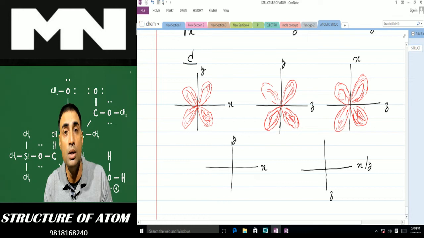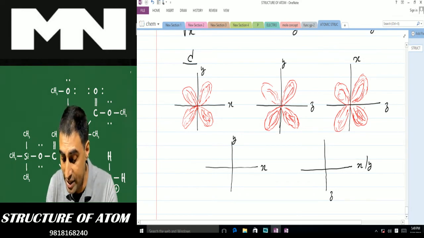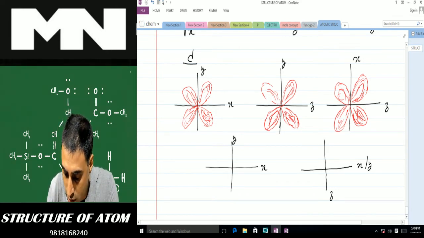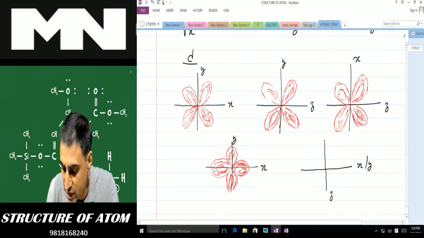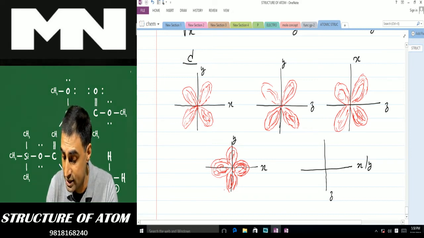The 2 other orientations can be directly on the axes, like on x and y axis, so here you have these orbitals directly on the x and y axis.